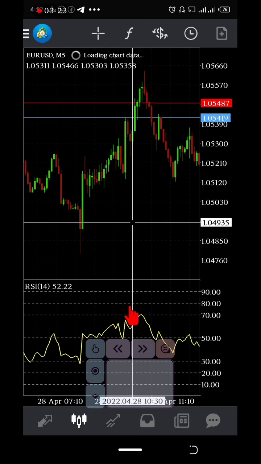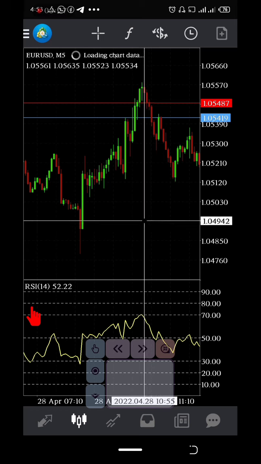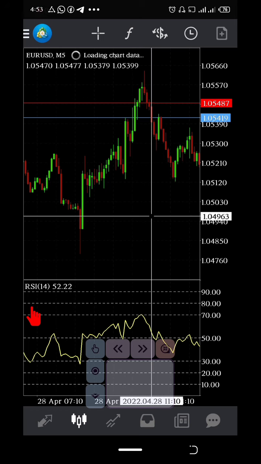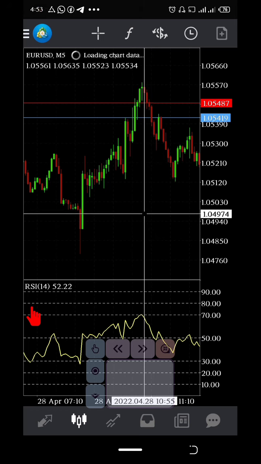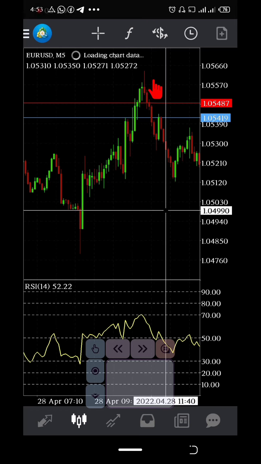This is our overbought, as you can see, we have an overbought over here. Then the next candlestick that was forming, look at it here. There was a heavy pullback down to this point.